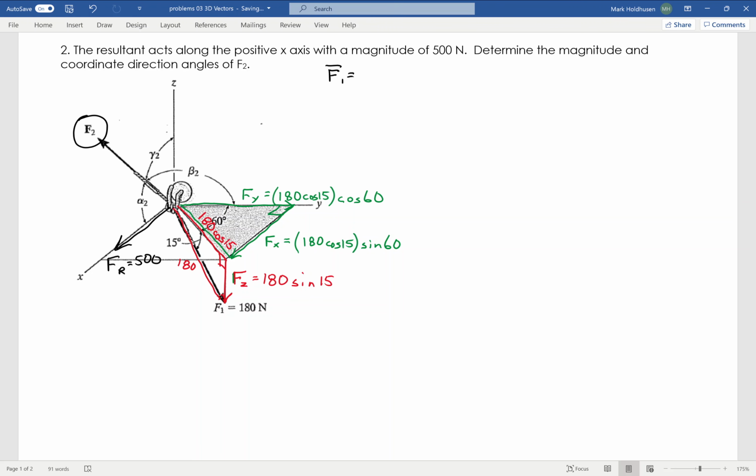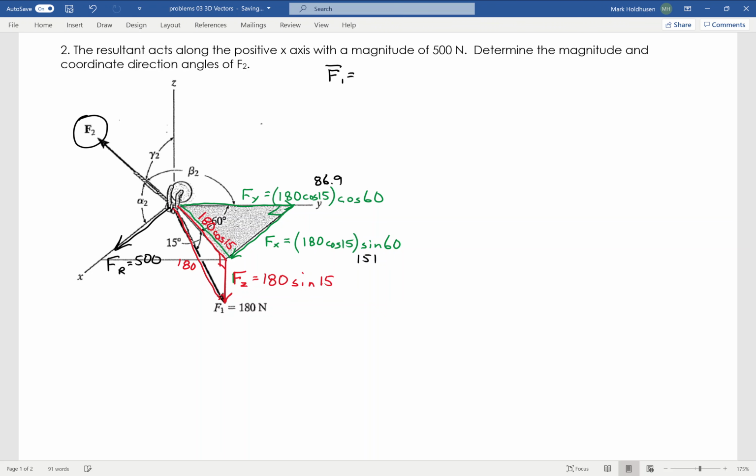Okay, so from that, knowing those values, I can write my force F1 in Cartesian form. I'll write them right here. This is 151. This is 86.9.